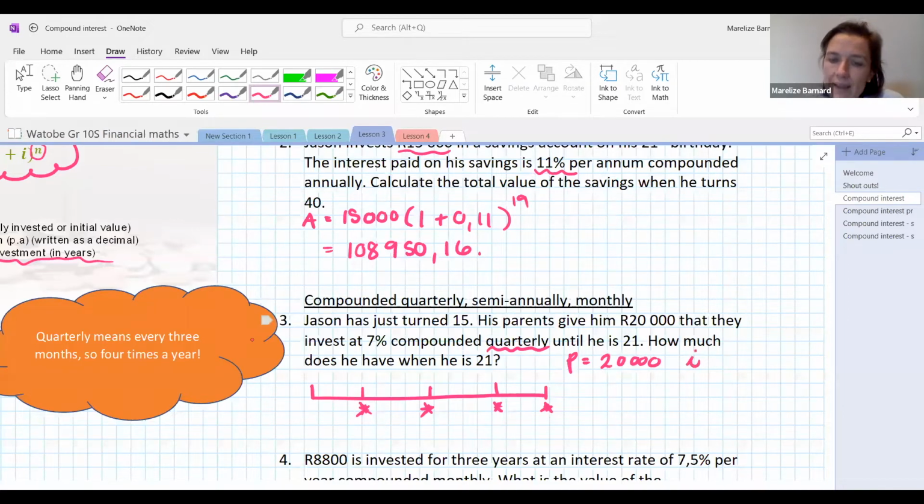Our interest rate is 0.07, but because it is compounded quarterly, we need to divide that interest rate by 4. There are 6 years between him turning 15 and him turning 21. But because of the compounding that happens 4 times a year, quarterly, we have to times the 6 years by 4 to get 24.